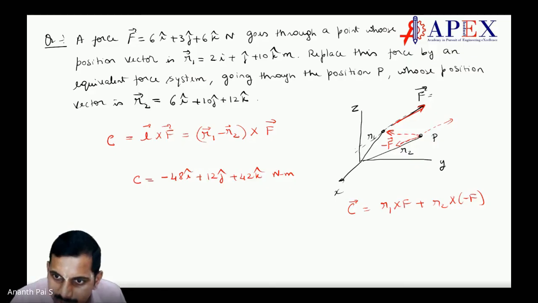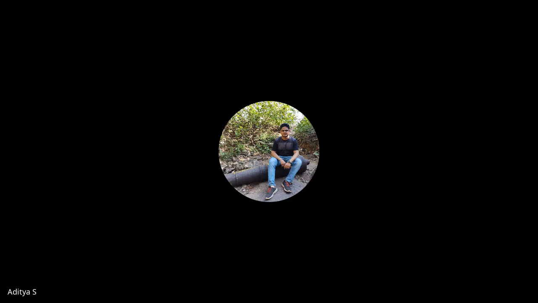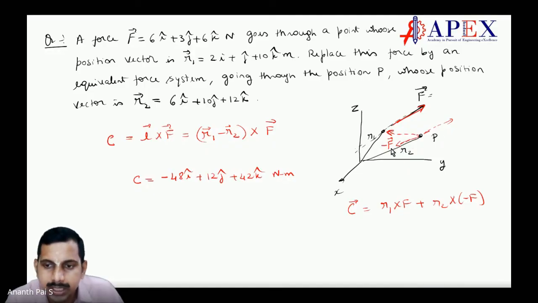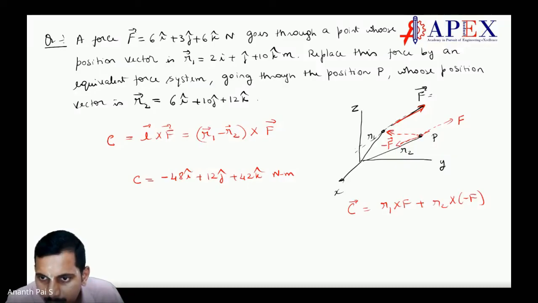So what about the line extended after R2? This one. You're talking about this one. Yes, sir. That, see, what we are doing is when we have to replace the force here, we say minus F and plus F. Can I do it like this? Yes, sir. At this point, if I have two equivalent forces, which is minus F and plus F, it cancels, is it not? Correct.